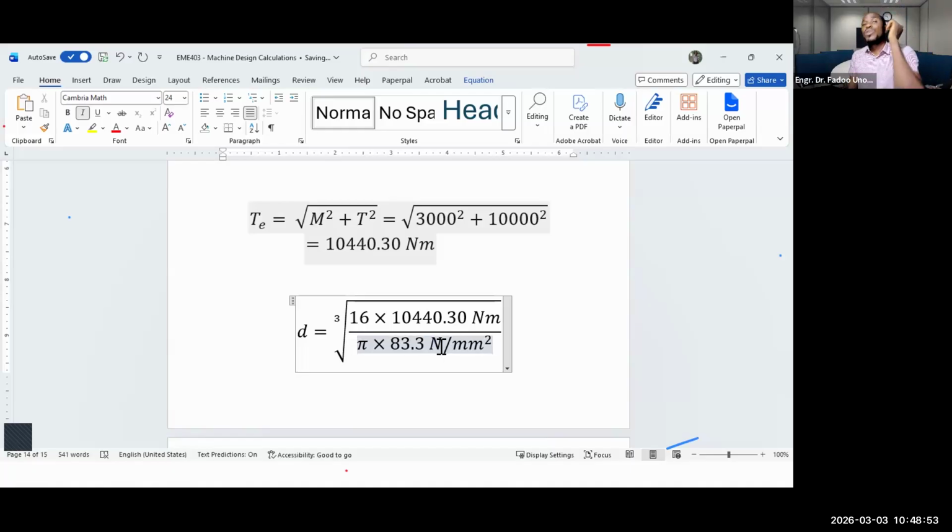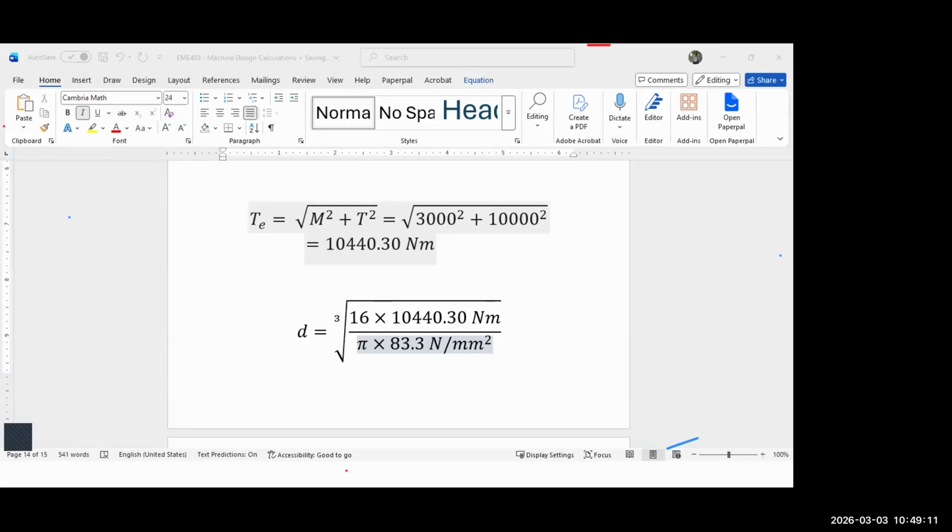To make this work, this has to also be in millimeters. What do you do to make it millimeters?